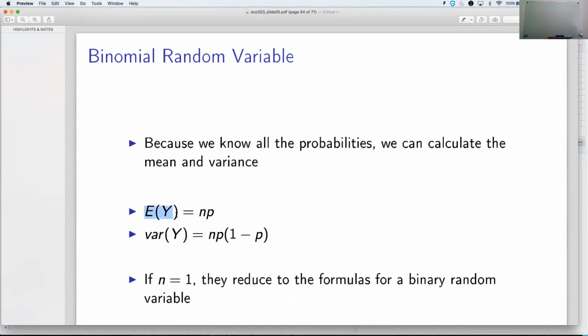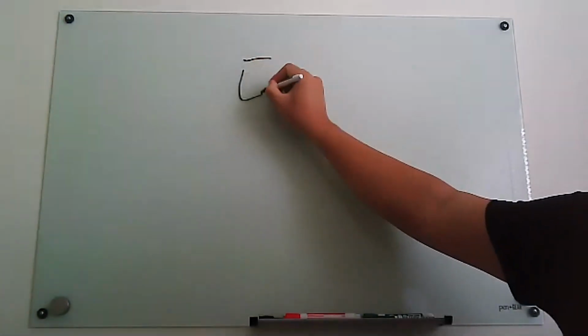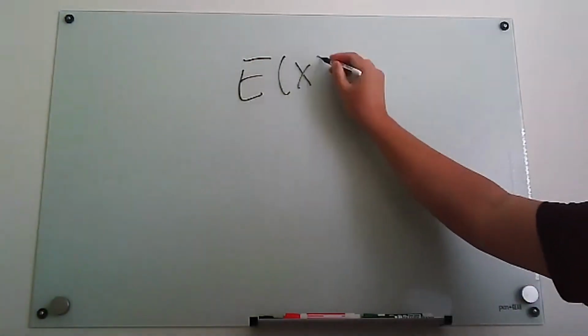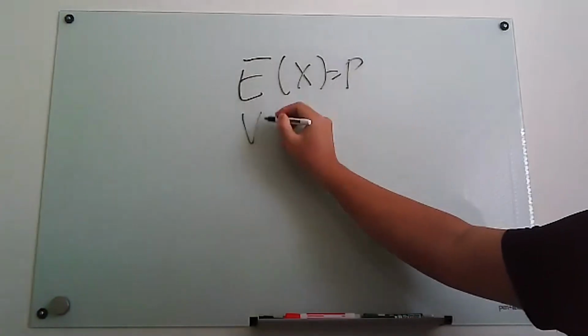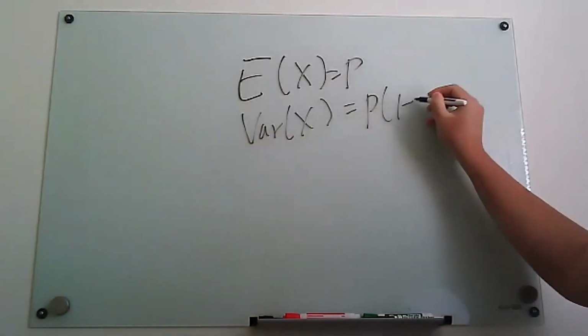So the mean of y is n times p. Comparing to the previous case, this is a very important distinction. In the binary case, the expected value of x was p, and the variance of x was p times (1 minus p).